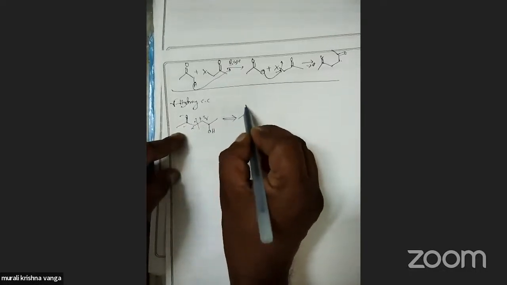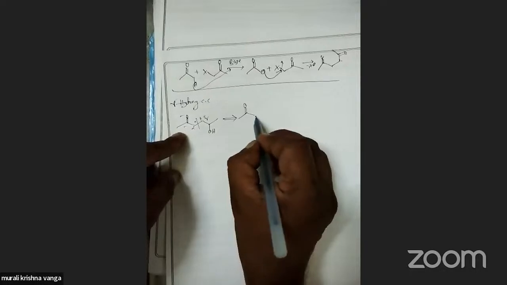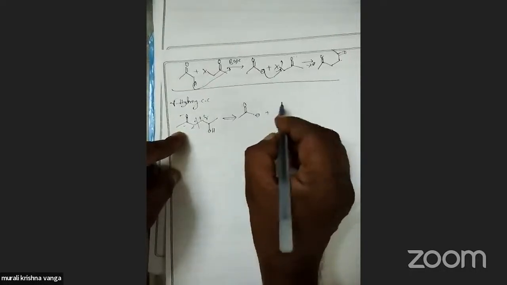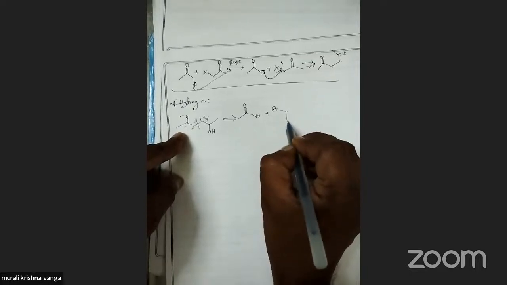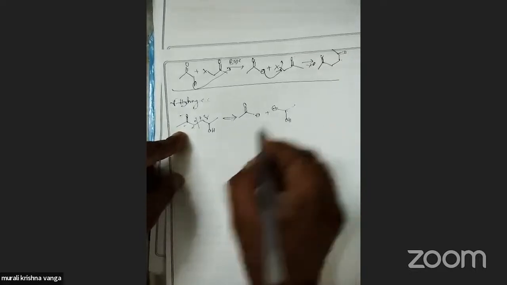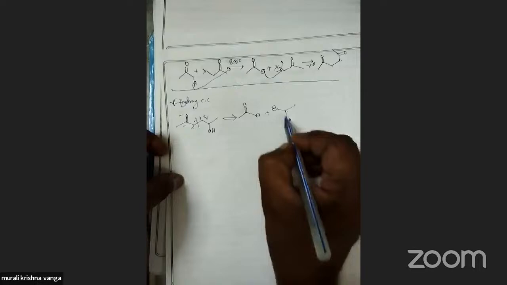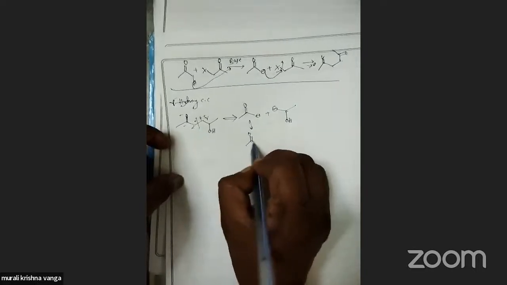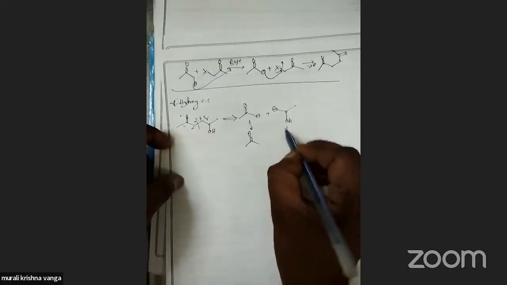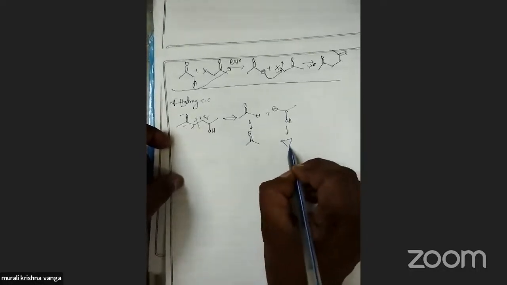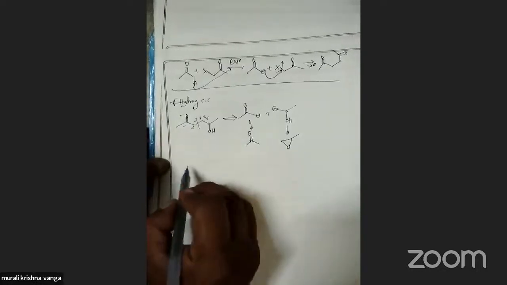Then the product is negative charge here and positive charge. So this synthon is hydrogen, my negative charge, positive charge here. Therefore, epoxide is the product that forms.